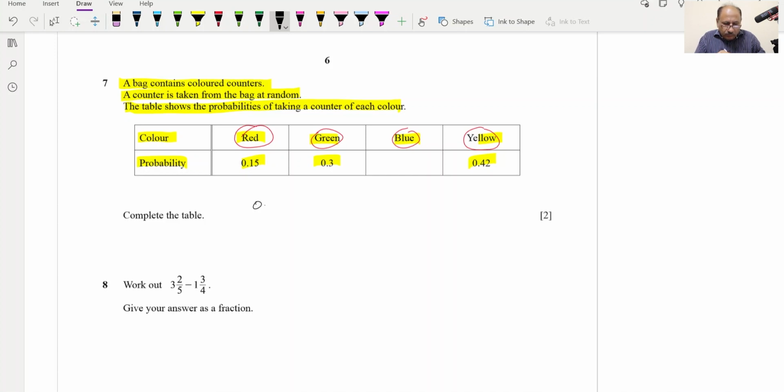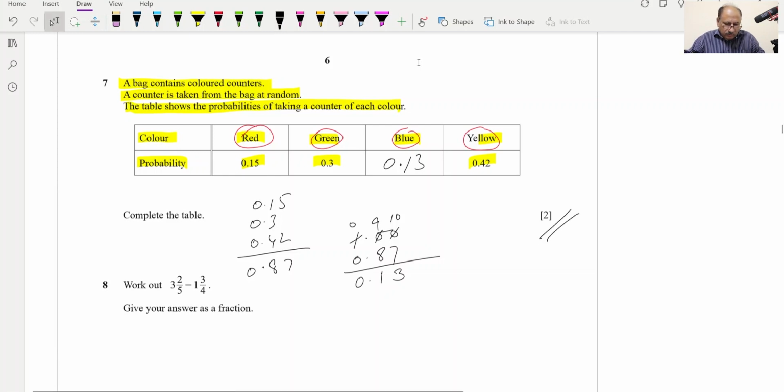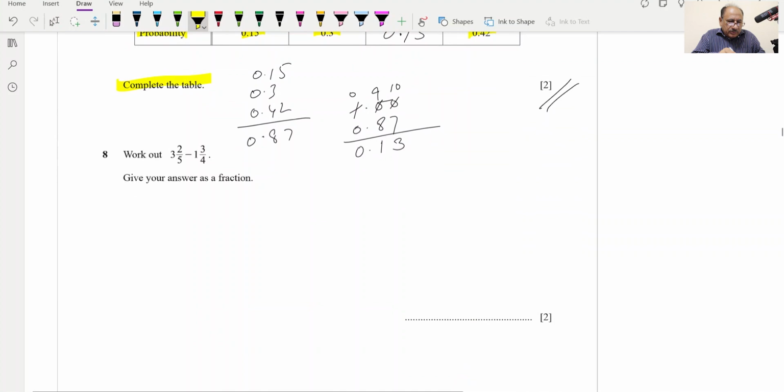If we add 0.15, 0.3 and 0.42, this will add up to 0.87, and then 1.00 minus 0.87, carrying here, 0.13 will be our final answer. And this was a 2 mark question, and the table we have basically completed.